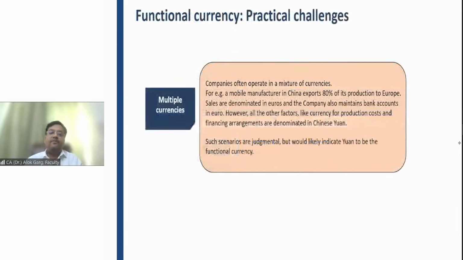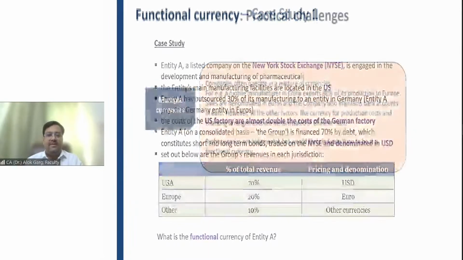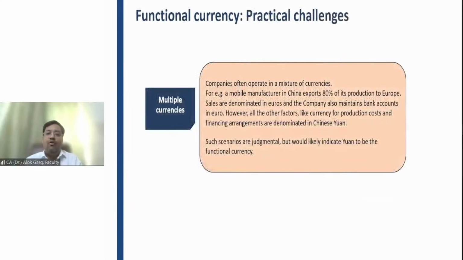Okay. Now let's understand this example of a functional currency. There are multiple currencies here. Companies often operate in a mixture of currencies. For example, a mobile manufacturer in China exports 80% of its production to Europe. Sales are denominated in euros, and the company also maintains books of accounts in euro.